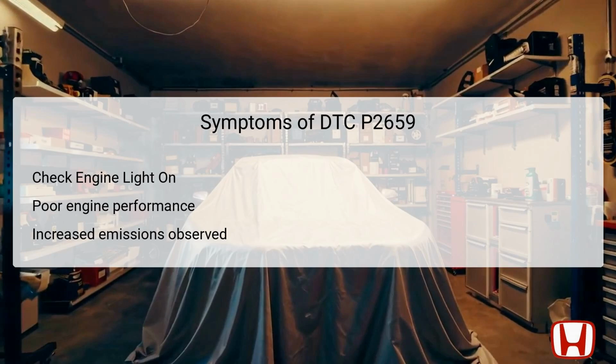Increased emissions can also be observed, as a malfunctioning rocker arm oil control solenoid can negatively impact the combustion process. Drivers may also experience changes in engine noise due to ineffective oil flow in the rocker arms, affecting the VVT system's efficiency. Timely diagnostics and repairs are essential to mitigate these symptoms and restore optimal vehicle function.